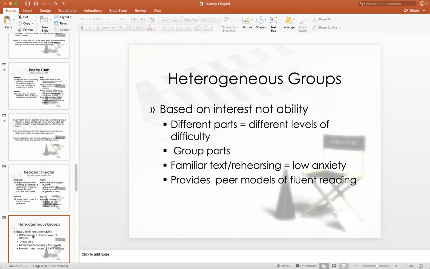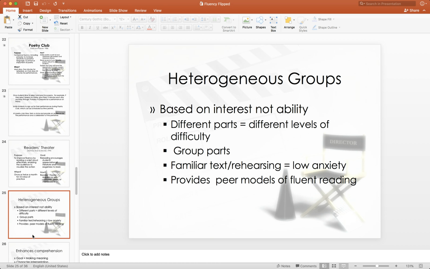So here are a few steps. We would create heterogeneous groups. So these are mixed-level groups based on their interest, not their ability, right? And then children would choose a book. They might read that book first together, or it might have been read by the teacher. And then they're given a script.